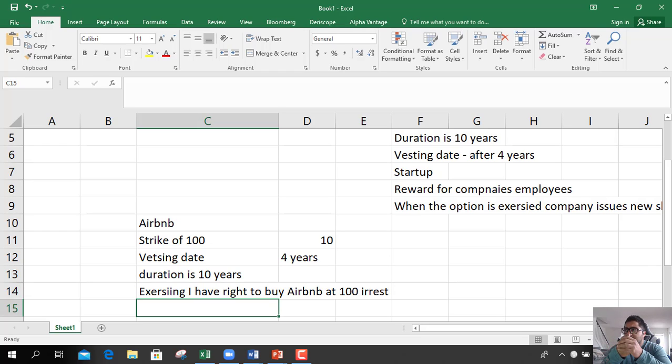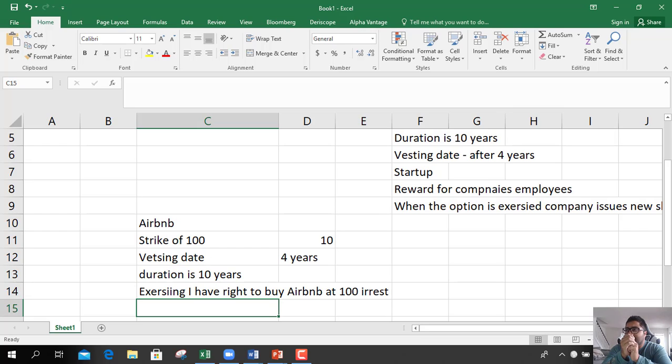They give the options because then I'm encouraged to see that Airbnb succeeds. Right now the price is $100, but if Airbnb succeeds, in 10 years that stock could be valued as much as $10,000. So I have an incentive that is tied to the long-term success of the company. That is the reason startups, or generally companies, give employee stock options.